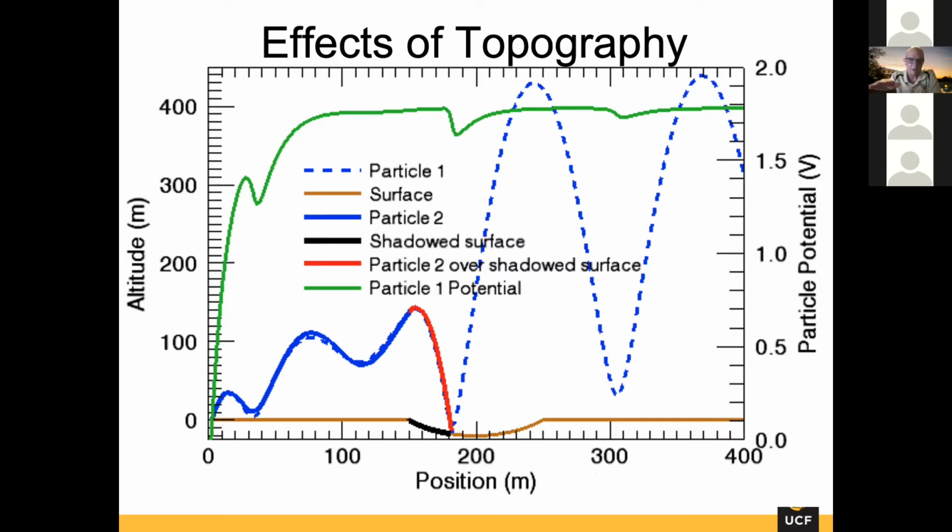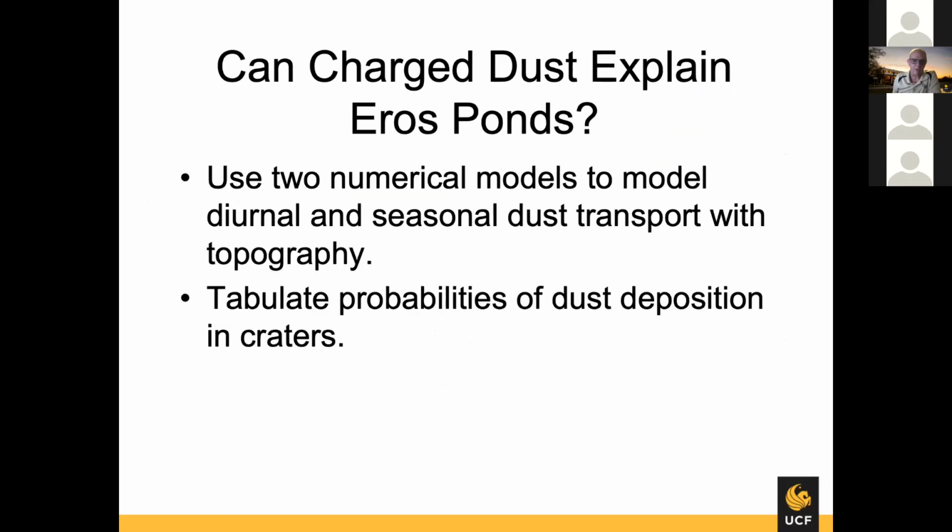So if the particle is moving over the shadowed surface, we turn off the electric force and the particle can fall into the surface. And that's what you see with the red curve here. So it's just a simple 2-dimensional model of a crater and particles of different sizes following their sort of modified trajectories, and some of them precipitating into craters.